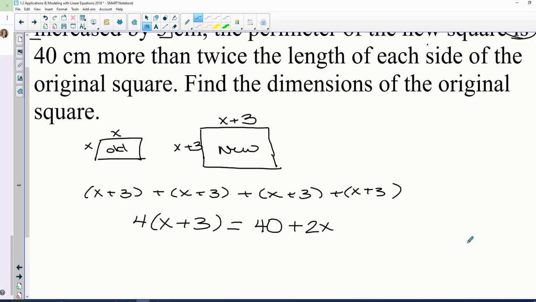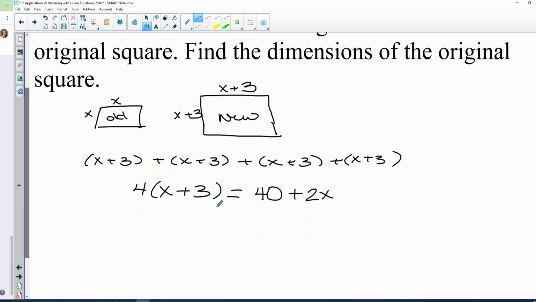Okay, we've done all the hard work now. Is this an equation we can solve? Absolutely. So if we distribute our 4, in terms of the amount of work shown, you guys are coming to the point, it's up to you. If you want to write minus 2x on each side, you can, if that helps you.